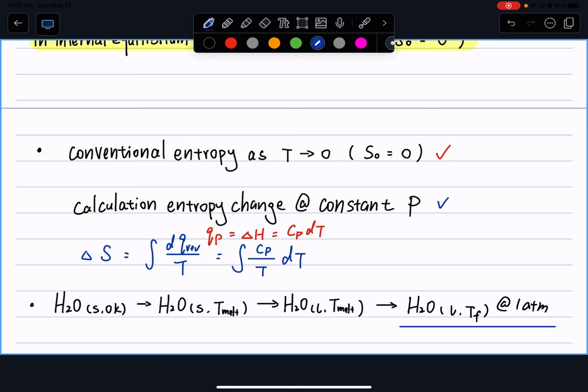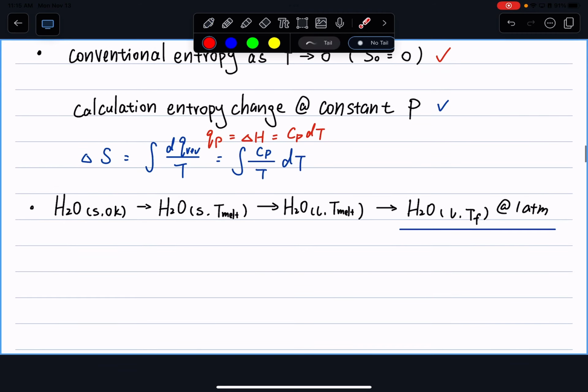Let's see how that's done every step along the way. Our initial state is water in solid phase at 0K, so S0 equals 0. What we want is the final conventional entropy for liquid water at some final temperature.